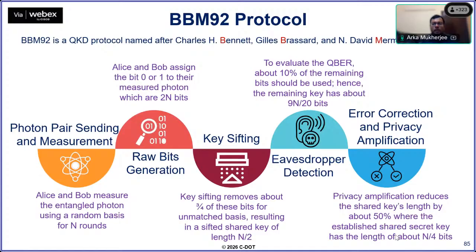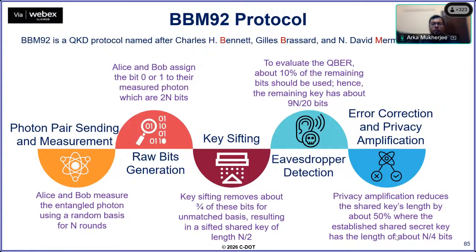To correct this mismatch, we need to perform the error correction algorithm, the same as in the prepare and measure protocols. We need to do error correction in both types of protocol, because during transmission there will be some noise in the channel and some states will be registered as a wrong state. So H may become V, V may become H or something else. This is the limitation of the system, due to the noise.